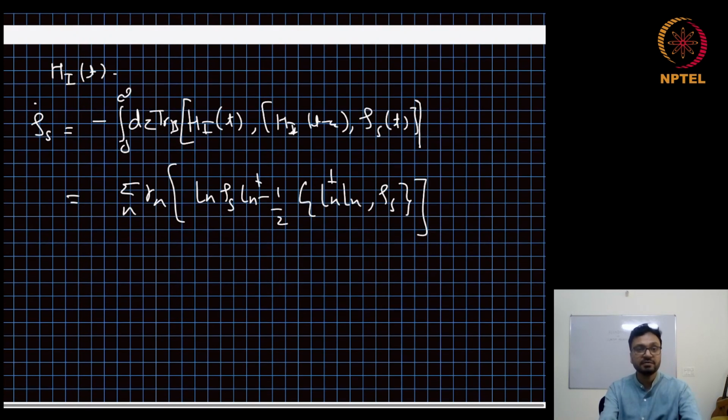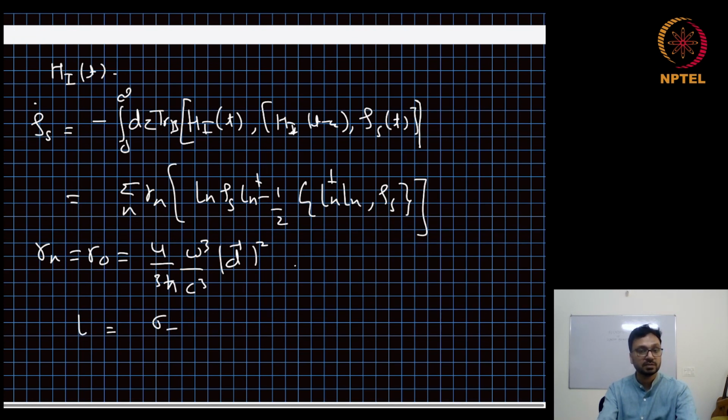It turns out that for this case, where the system is a two-level atom and the bath is in the vacuum state, we have only gamma n equal to gamma naught, which is 4 over 3 h bar omega cube over c cube times the modulus squared of the dipole vector d, and our L_n turns out to be sigma minus.